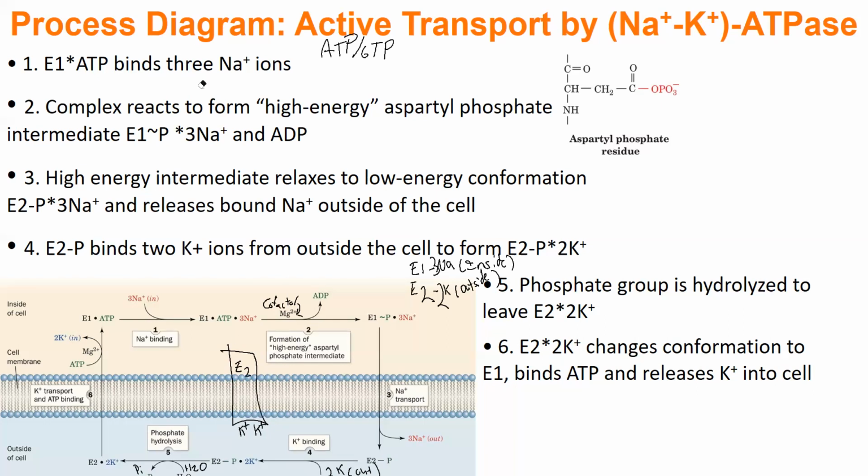Once the phosphate is removed, the potassium can go through the channel and be transported inside the cell. When that happens, the enzyme goes back to its original conformation, E1. And it also has ATP bound to it.